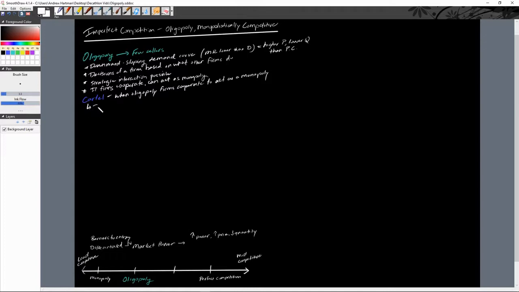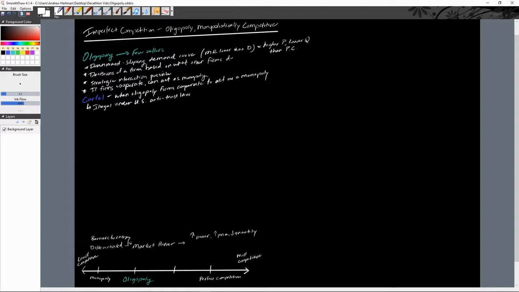So this is illegal under the Sherman and Clayton antitrust laws. If you recall, the Sherman Antitrust Act is 1896, 1894, one of those days. 1890, sorry. Sherman Antitrust Act in 1890. So this is illegal under U.S. antitrust law. That doesn't mean that it doesn't happen.